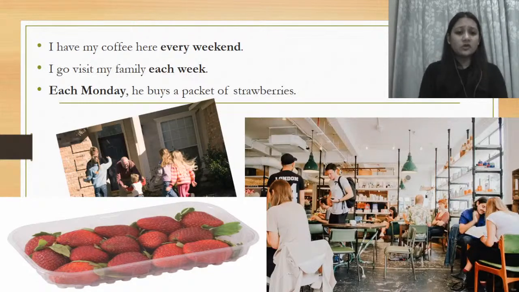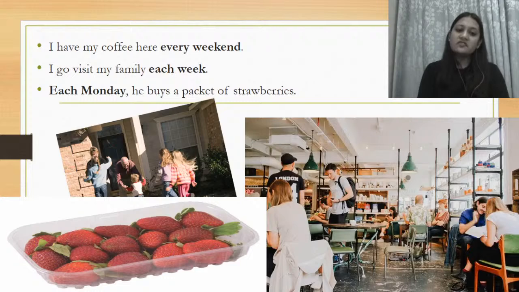I have my coffee here every weekend. So in that particular restaurant or cafe, you prefer to go, and specifically on the weekend. So it's talking about the time of the day. Every weekend, no matter how occupied you are on weekends, you still prefer to go there, right?